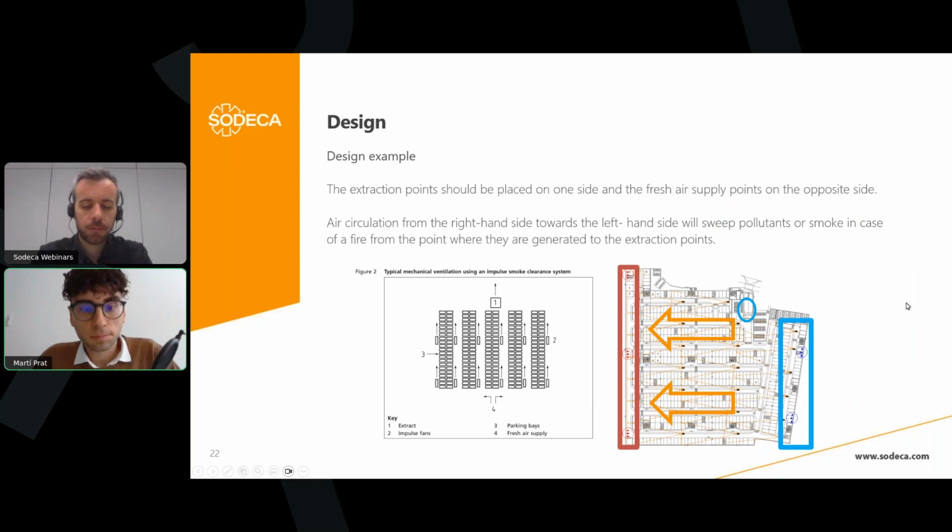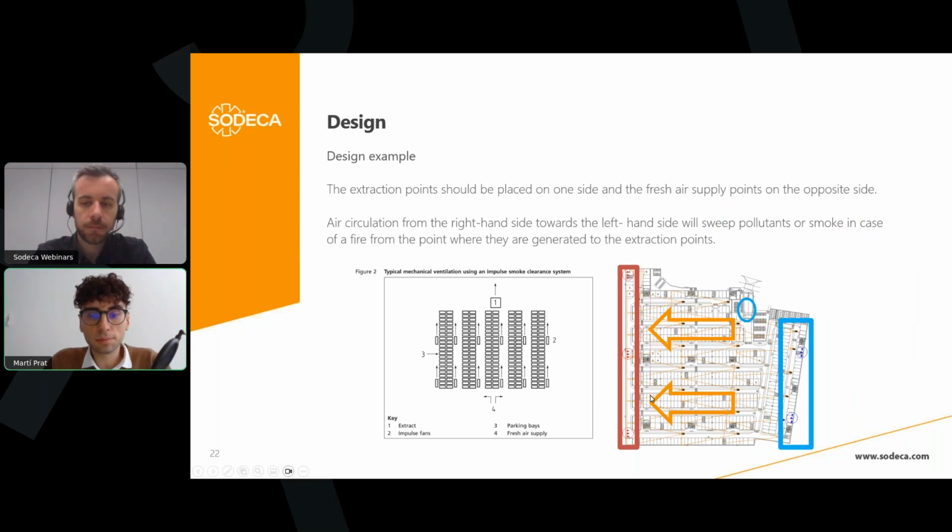For the design, the British standard shows this figure of an example where we have the supply on one side and the exhaust at the other side, and the jet fans placed in the roadways.